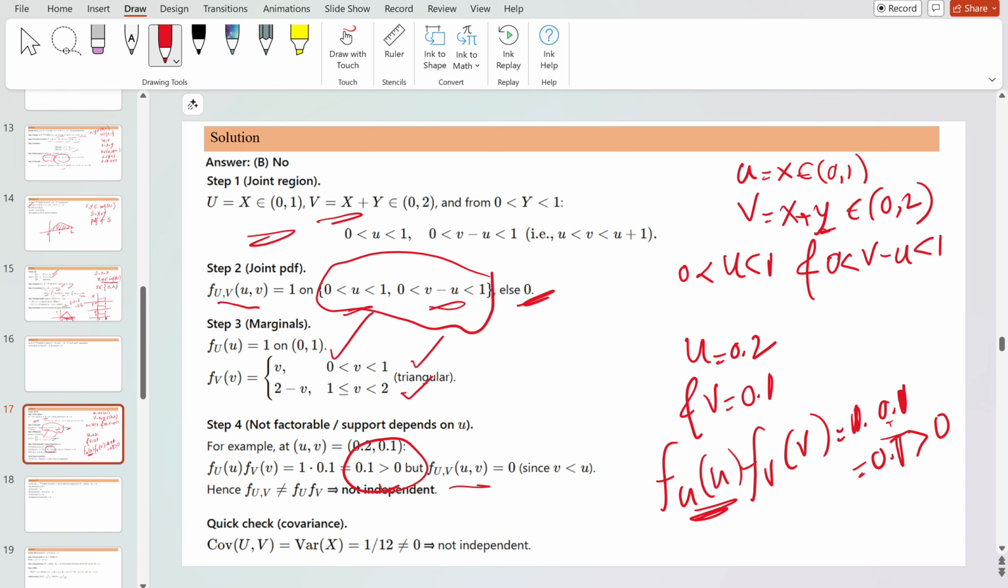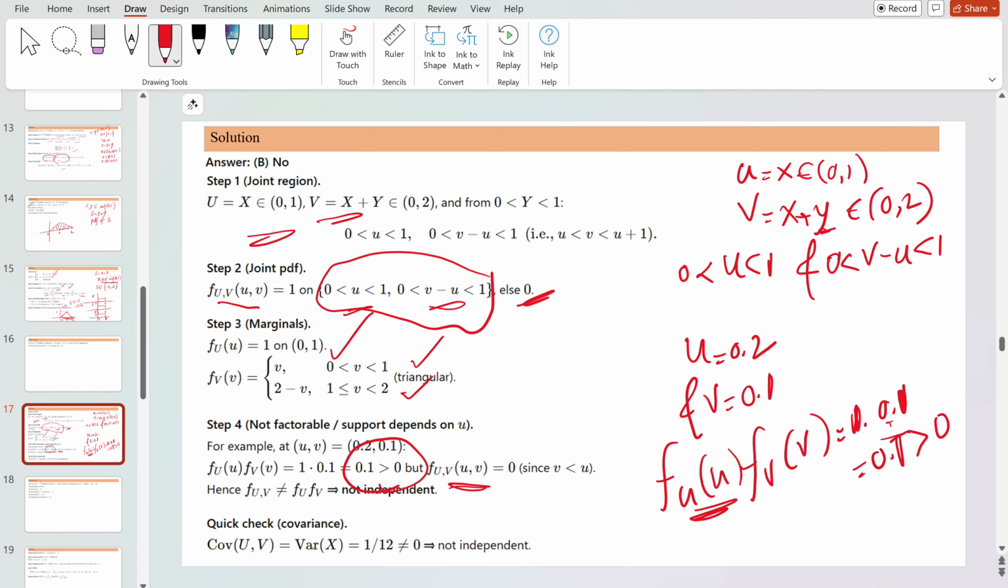But otherwise f(U,V) is equal to 0 when V is less than U. So it means that f(U,V) does not equal f(U) times f(V), so they are not independent. They are basically dependent.